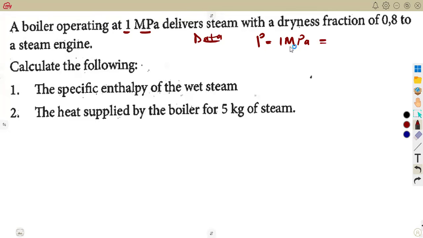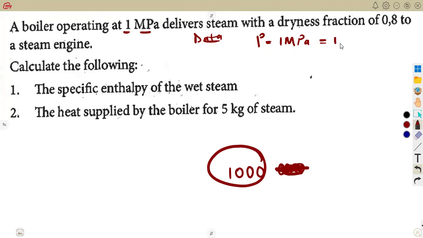So 1 mega to kilopascal. Remember, mega is simply a million. So for kilo, we just need to remove these three zeros. So you're left with 1,000. So that's 1,000 kilopascal.